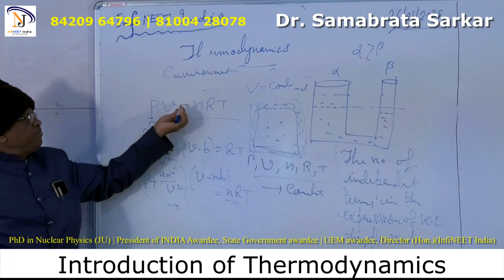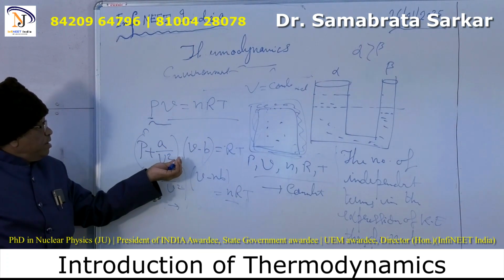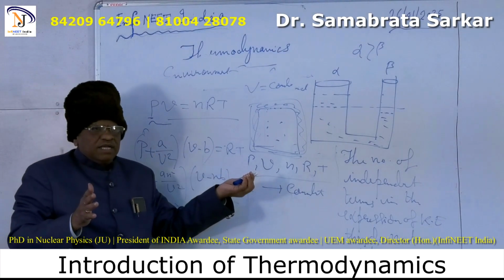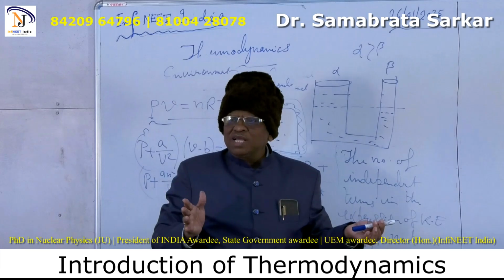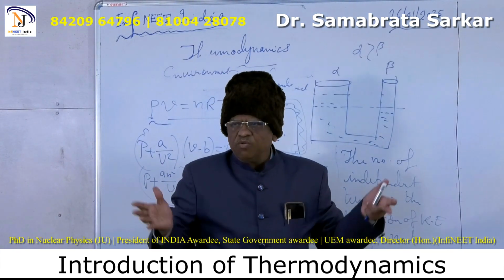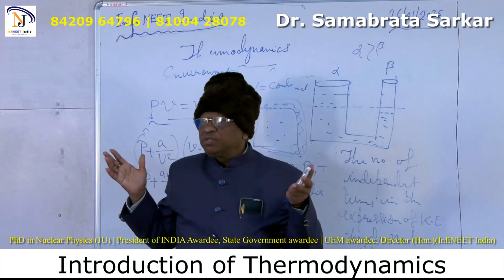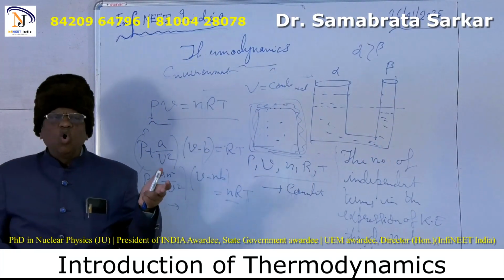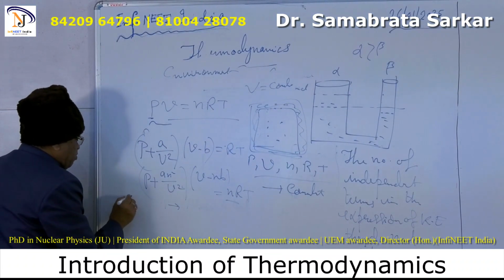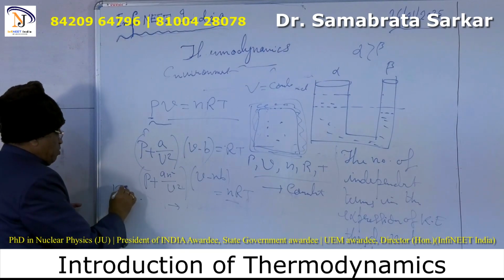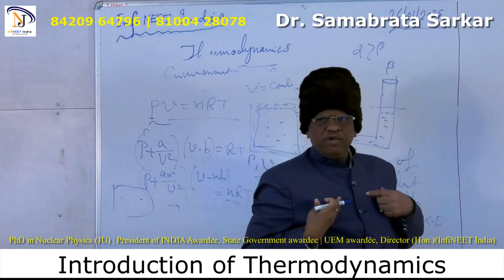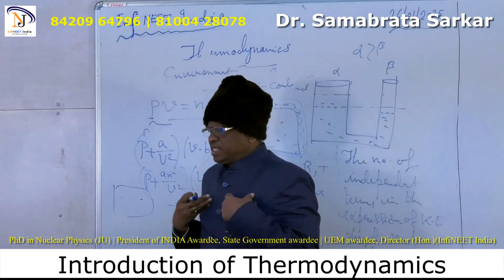So what is the difference? The real gas will be converted into ideal gas when the medium is rarer. If the density of the medium is very low, then what happens? The molecules will be far apart. Suppose I am here speaking to you and you are hearing my voice.